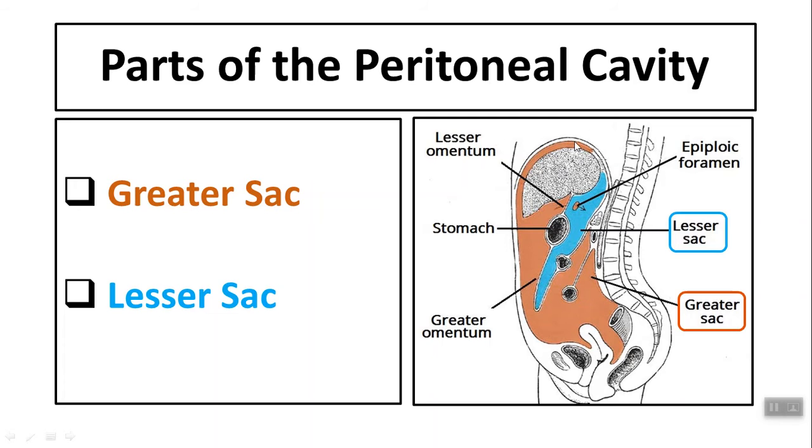The greater sac extends from the diaphragm above to the pelvic cavity below, while the lesser sac is that part of the peritoneal cavity that lies behind the lesser omentum and the stomach, and is bounded superiorly by the diaphragm above and below in between the two layers of the greater omentum. And there is a connection in between the greater sac and the lesser sac through the epiploic foramen or foramen of Winslow.